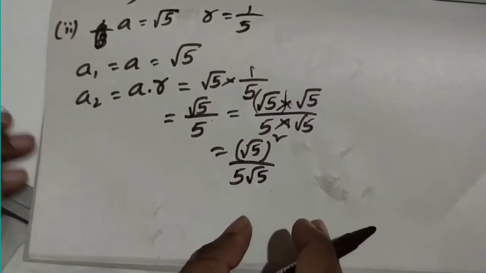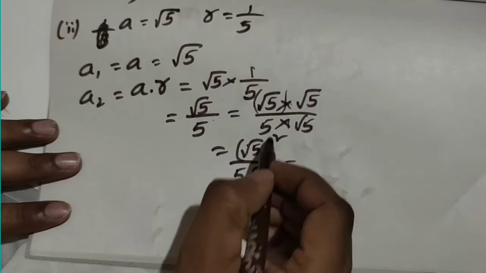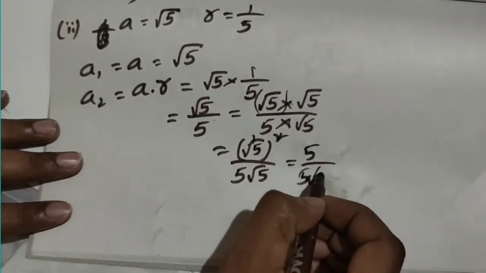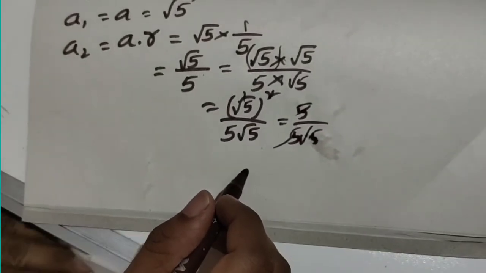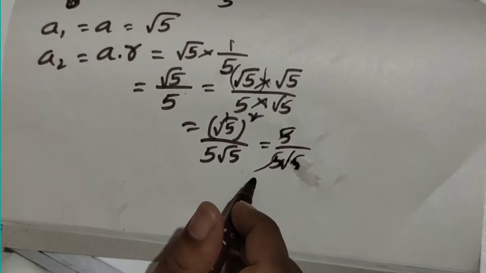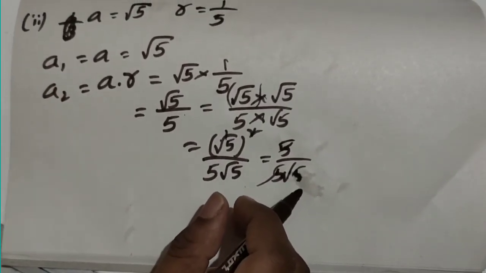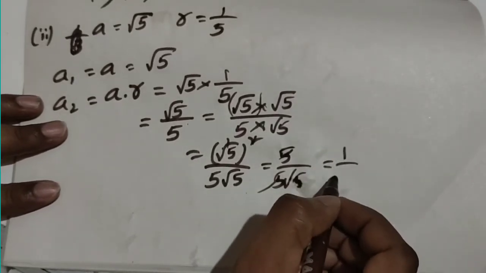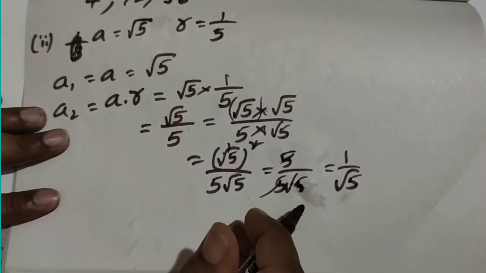Then we can cancel square root and square. 5 by 5 root 5, 5 gets cancelled. Then we get simply 1 by root 5. Okay.